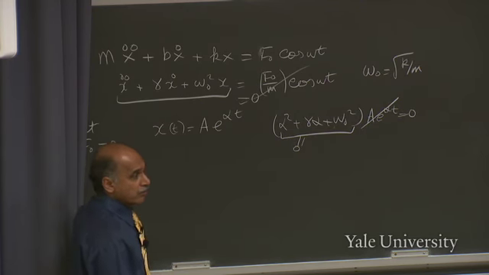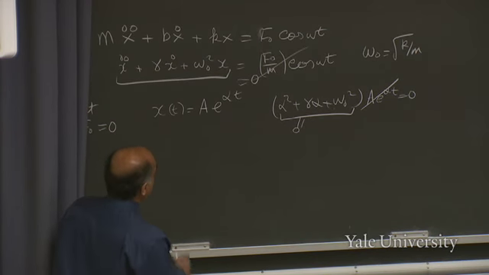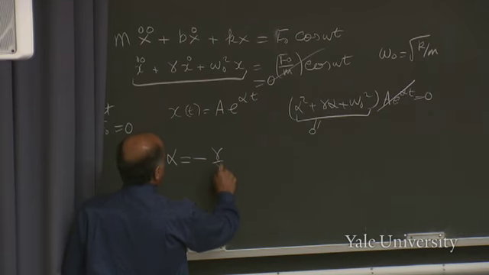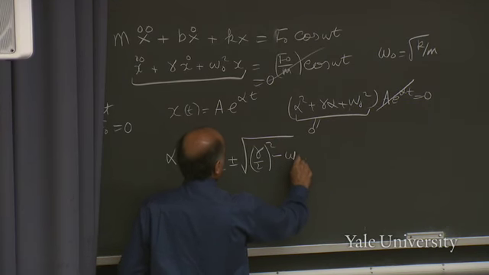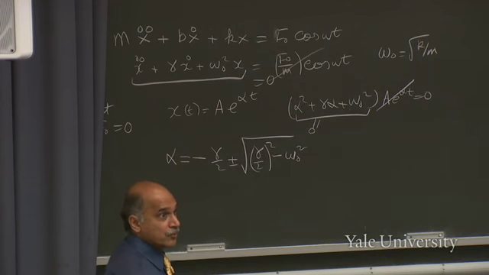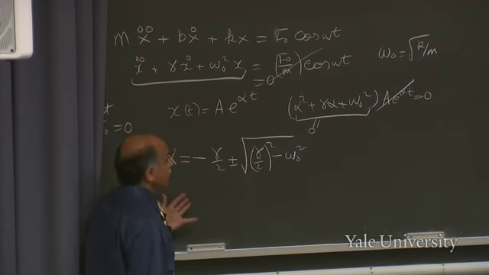You go back to your days in the sandbox when you all knew what the answer to this is. The answer to this is minus gamma over 2 plus or minus the square root of gamma over 2 square minus omega naught square. These are the roots. Anyway, what does this mean?